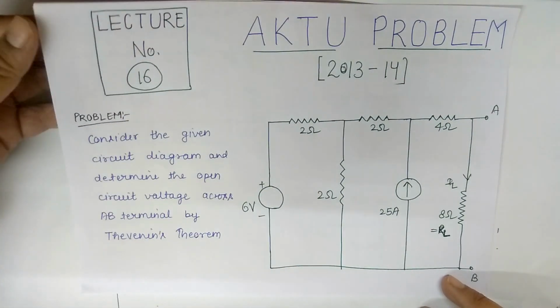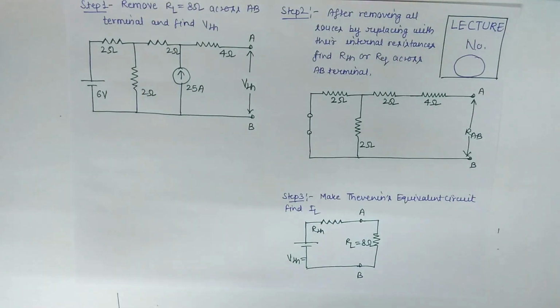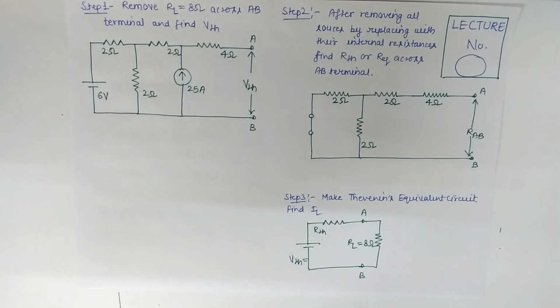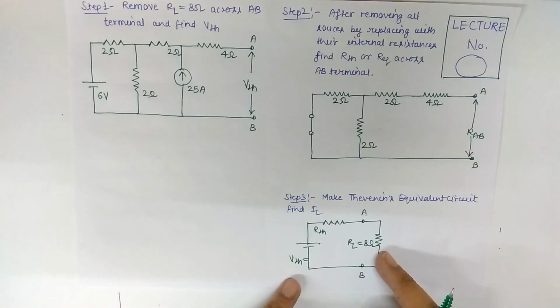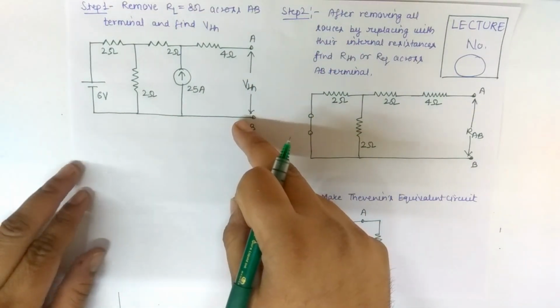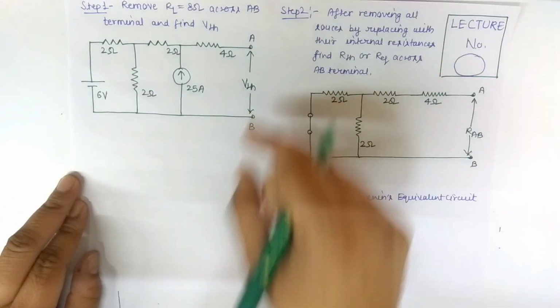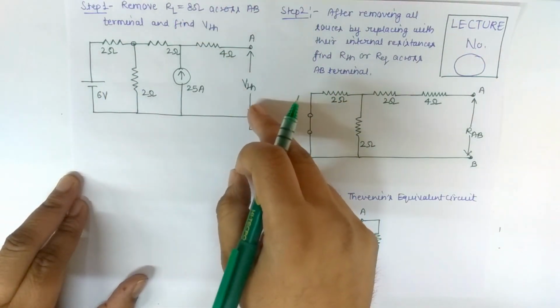When we solve this question, we consider the circuit, and we remove RL from the main circuit. So we disconnect the 8 ohm resistance across AB from here, and we find VTH across AB. So first of all, we have to find VTH.